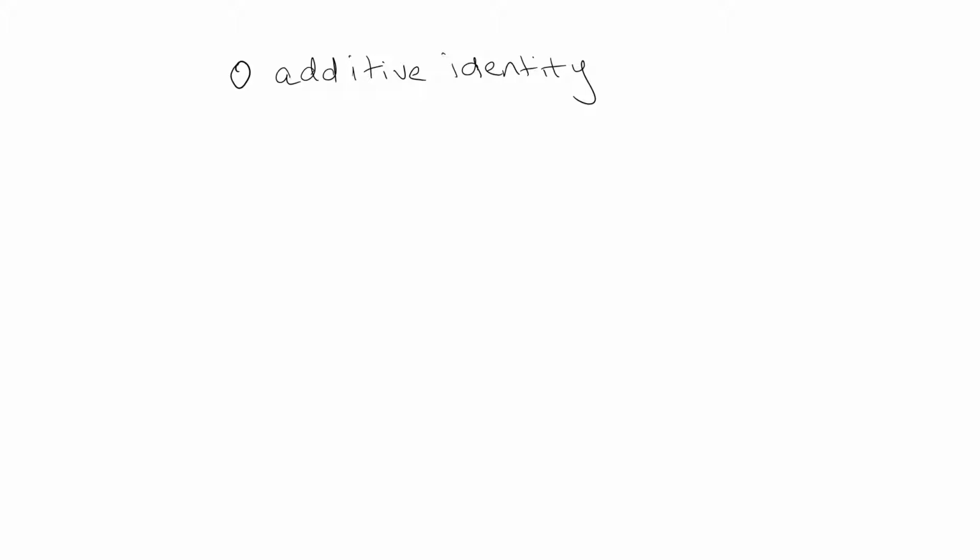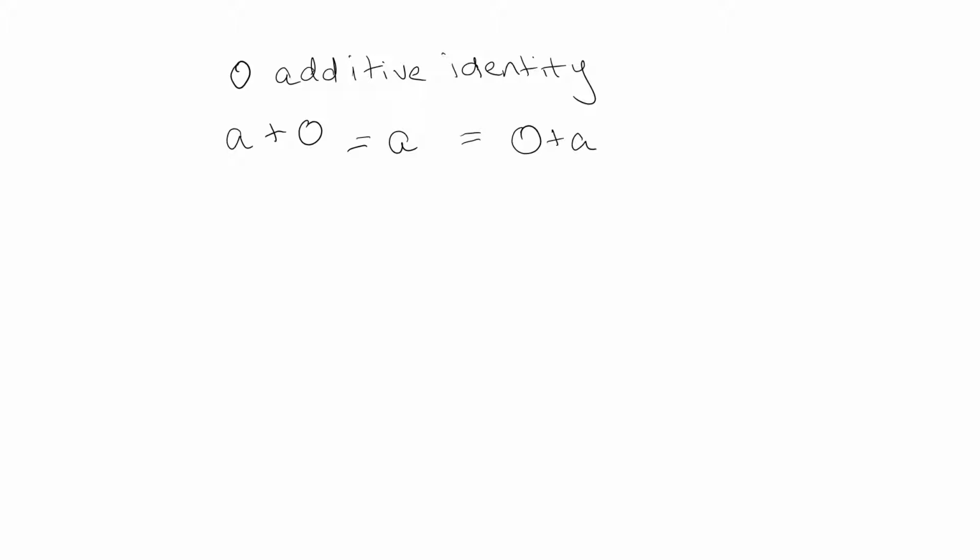It's called the additive identity because if you add any number, say A, to 0, you're going to get A. Or you can also say that if you add 0 to that number, you're still going to get A. So that's the single identity that we have for addition, and that is 0.